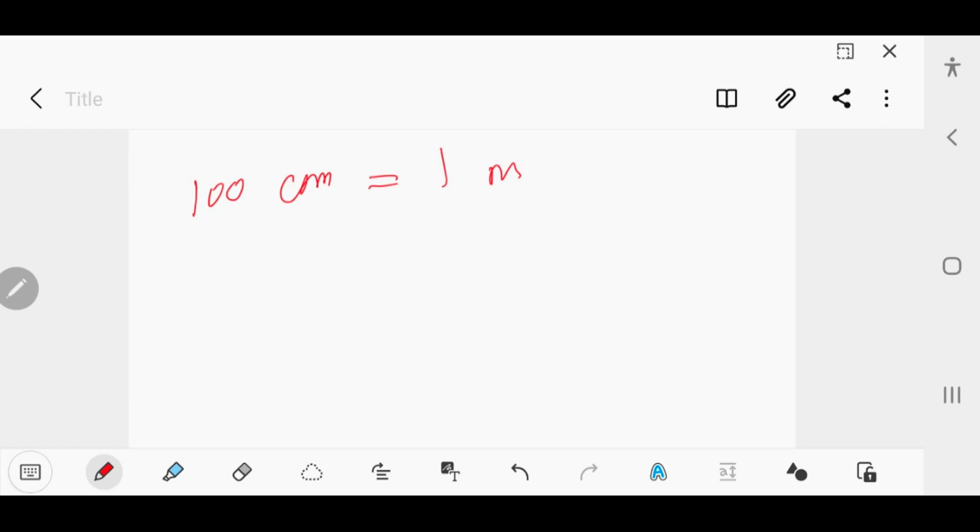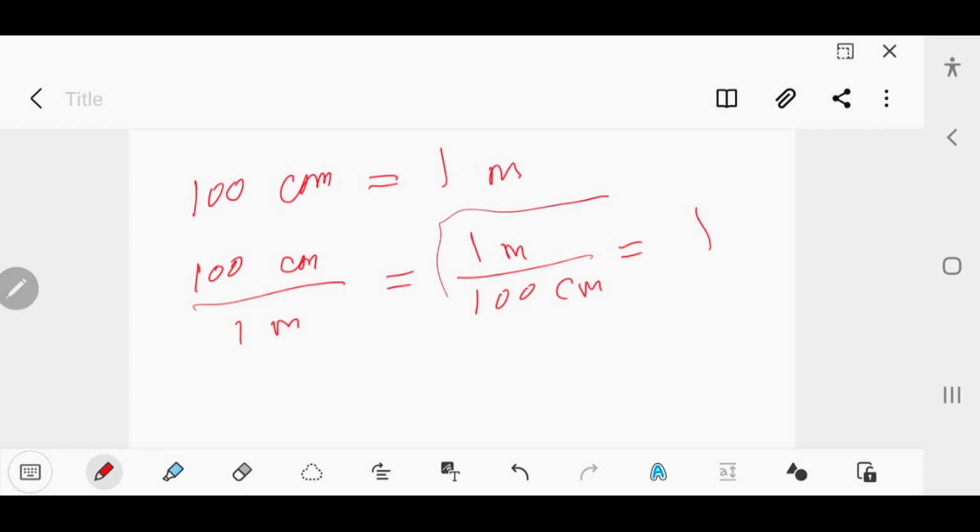So guys, if we took the ratio between the 100 centimeter and 1 meter, or 1 meter over 100 centimeter, that means that both of them equal 1 because they are the same.